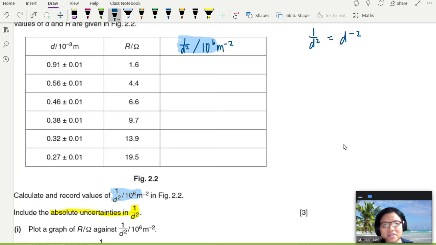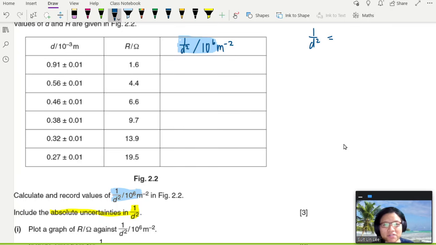So if you write this as d to the power of negative 2, then you're a bit stuck, because then you go like, oh, uncertainty in d over d is what, negative 2. What is happening? Okay, so for this one, I generally don't suggest that you do it this way. Okay, so what you can do is you can treat 1 over d as its own expression.